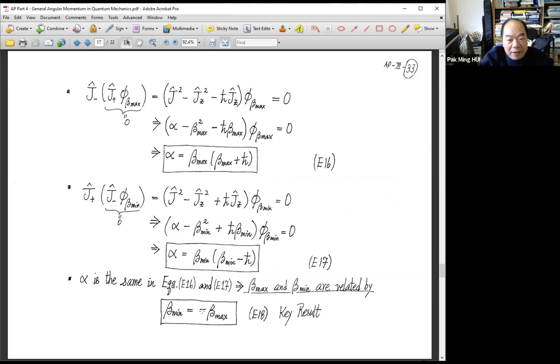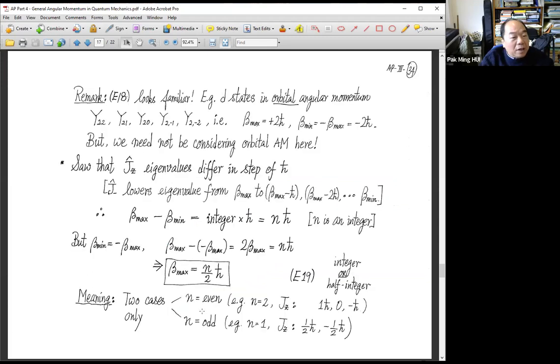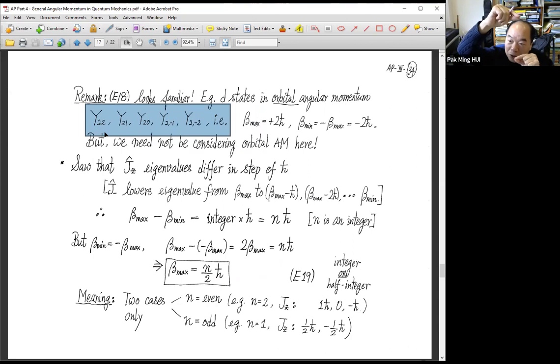All right? So you have seen this before in different contexts. You have seen it in orbital angular momentum. For D state, L is 2. The projection Z component, the biggest one is +2 H bar. The smallest one is -2 H bar.